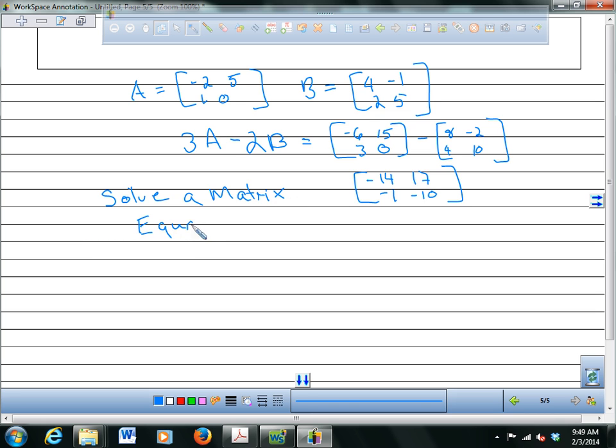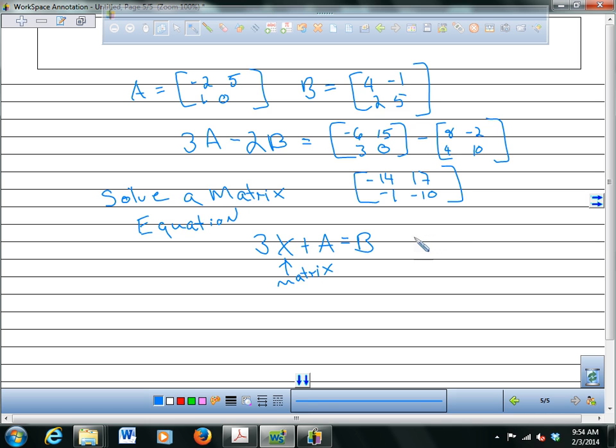So if you have a matrix equation with something like 3x plus a equals b, and this is a matrix, you solve it just as if you were solving an algebraic equation, except your answer is going to be a matrix. So if you have 3x plus a equals b, the first thing I would do is what?